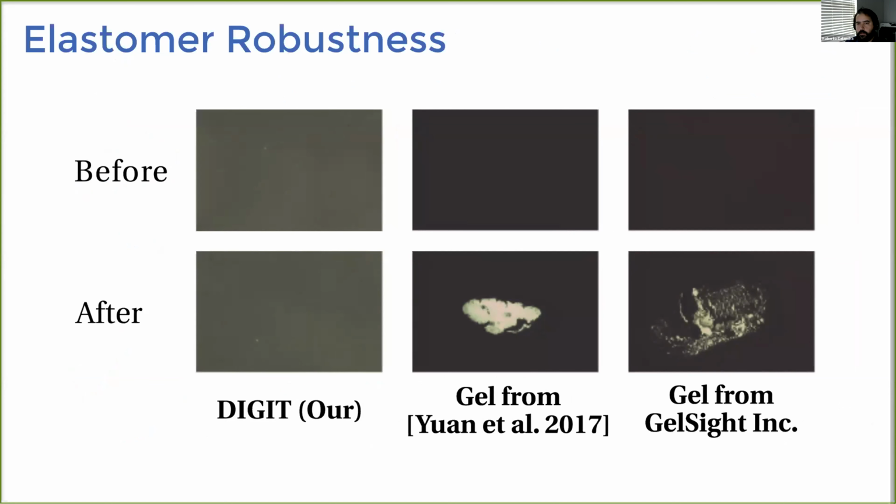Here there are images before and after 5 passes with a standard abrasion tool. And what we can see fairly clearly is that while the other elastomers have significant degradations in their surface, ours has no visible degradation, which is of course great.